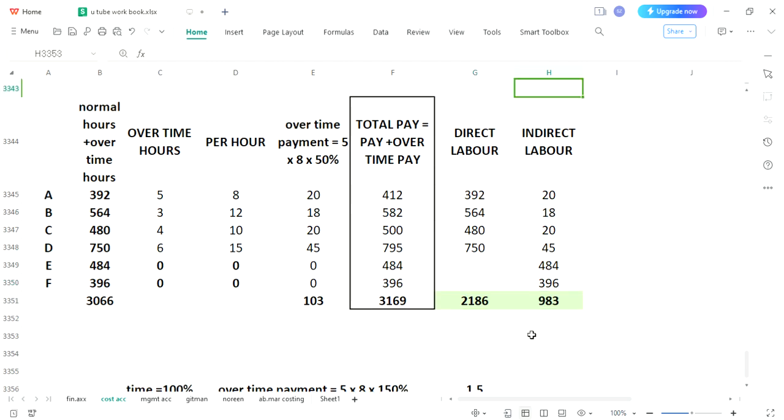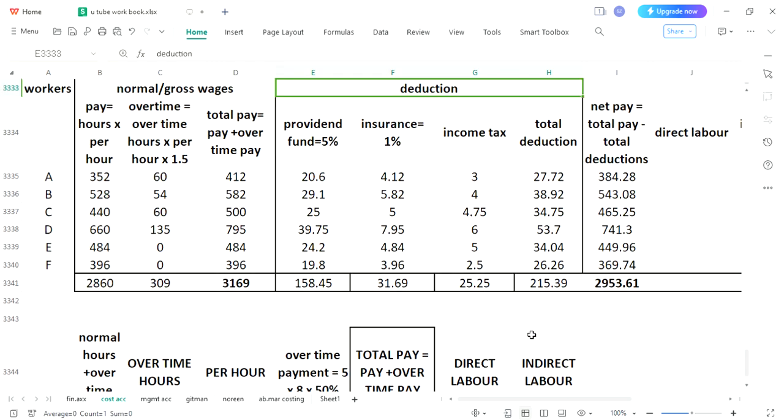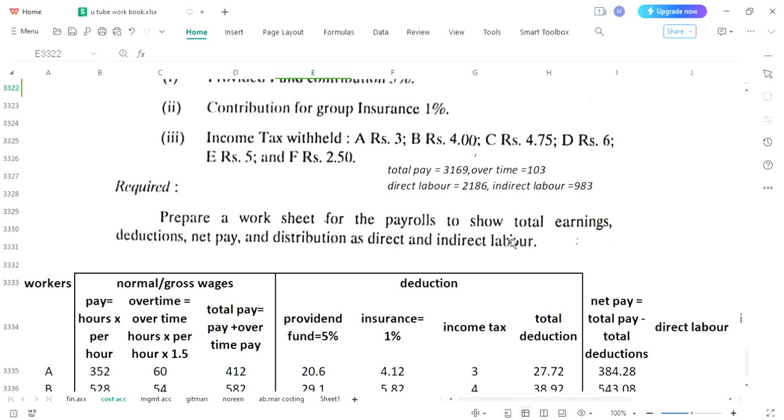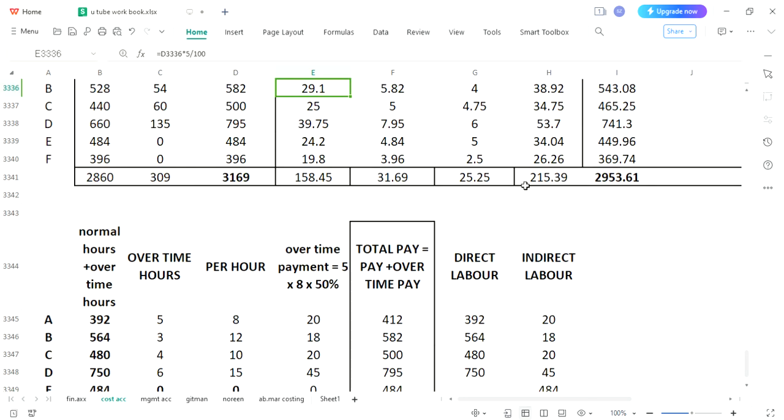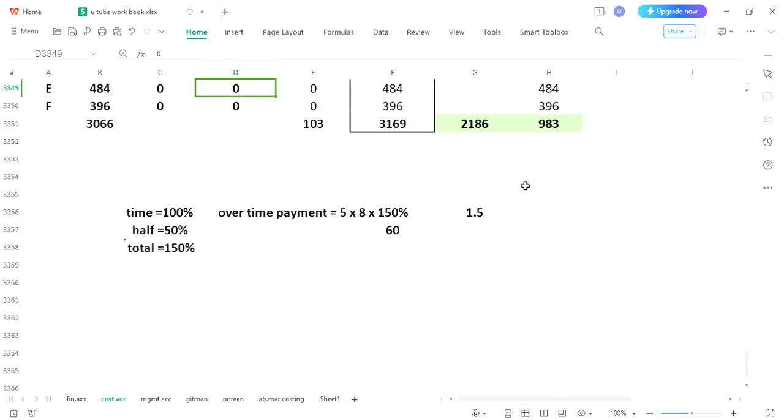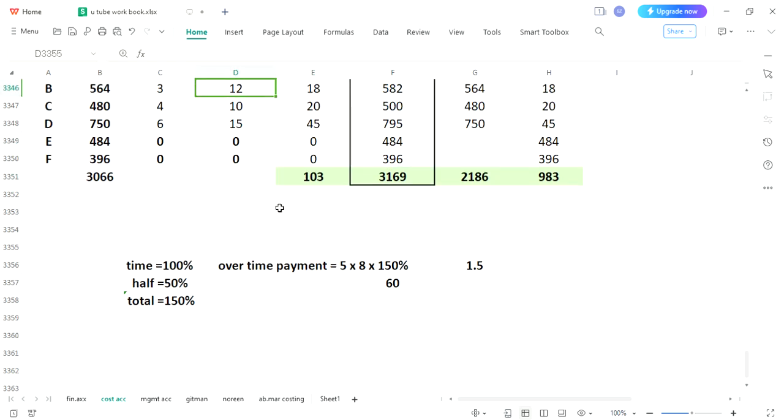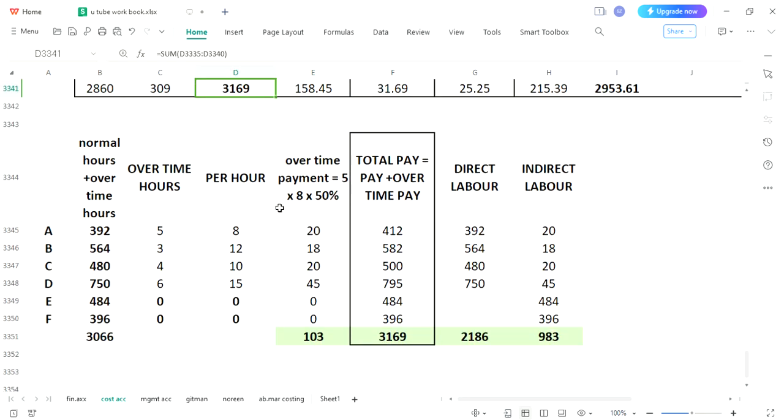And previously we have calculated two more answers, and that was total pay and overtime payment. These were the second answers. Let them be marked as well. 3169, and this was your first method where you have calculated your wages as well. We are marking it as well.